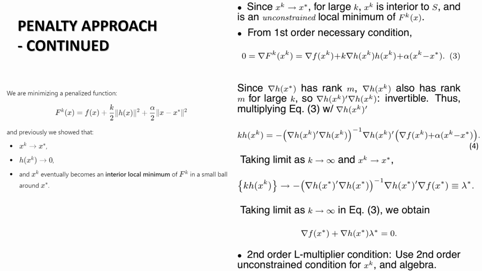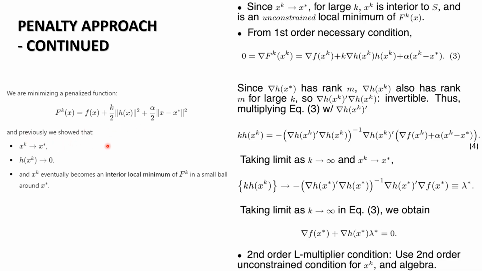Here we conclude the penalty approach proof for deriving the first order Lagrange multiplier condition and mention the pathway to the second order condition. So, context recap: we are minimizing a penalized function.